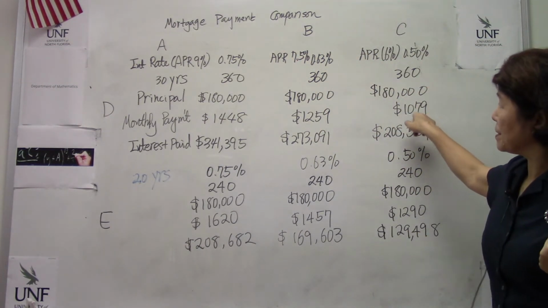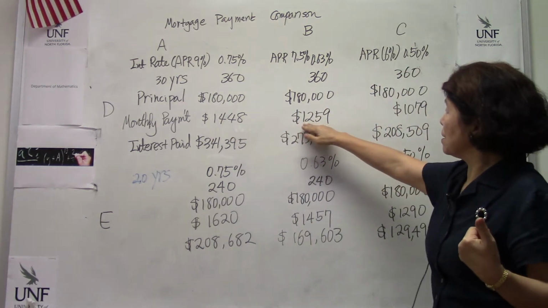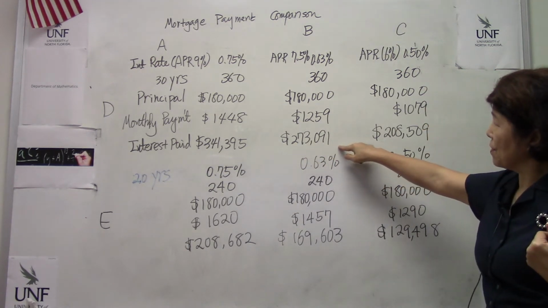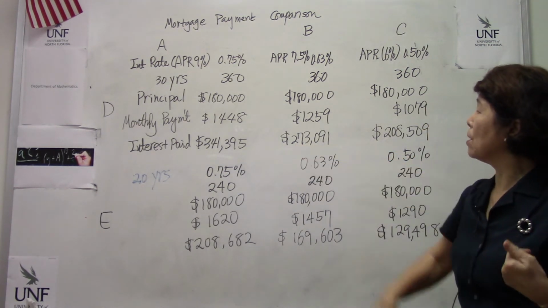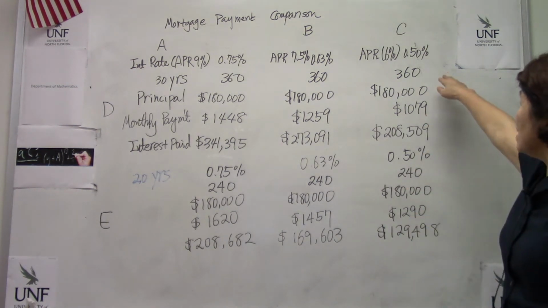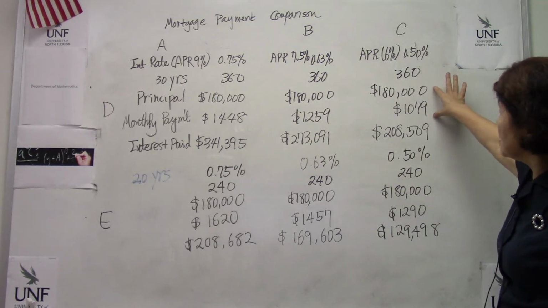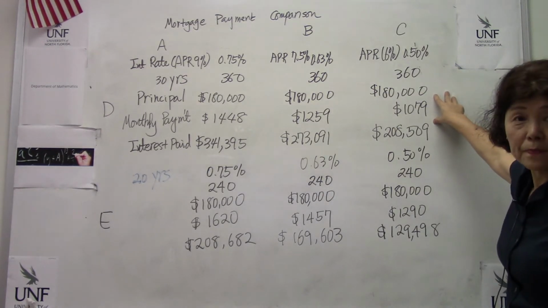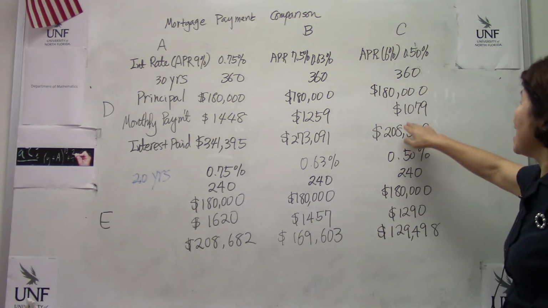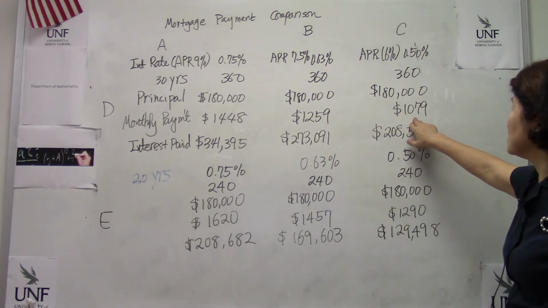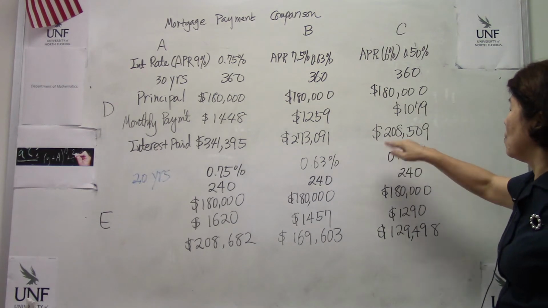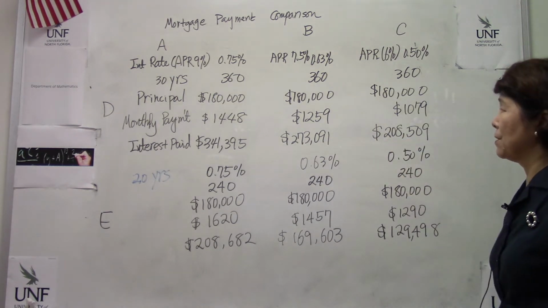So look at the payment, $1,448 versus here $1,259. If you do so, your interest paid over the 30-year period is over $273,000. Still, you are not very happy about that, right? Well, this is the luckiest case in this scenario. That is a 6% interest rate, same house, same condition over a 30-year term, and your payment is $1,079, and over the 30-year period you pay a little more than $200,000 in interest.